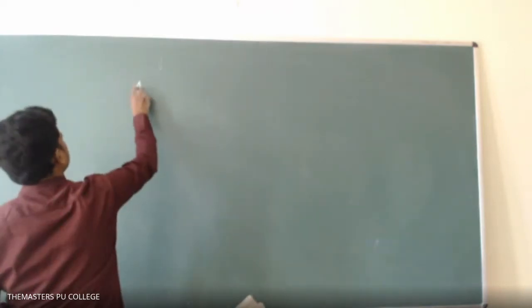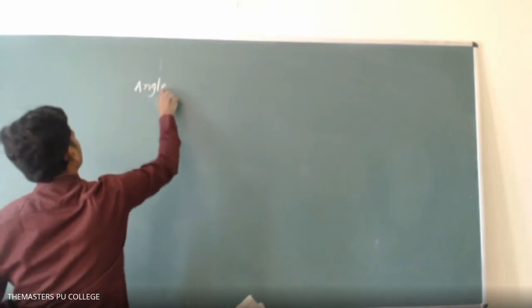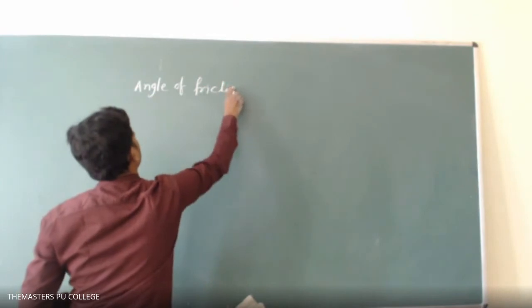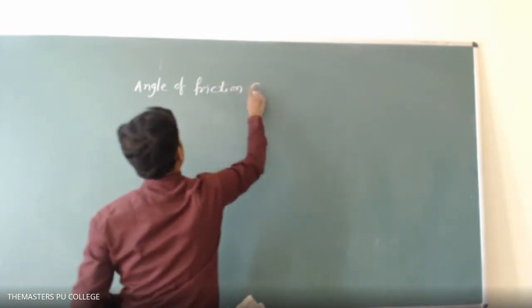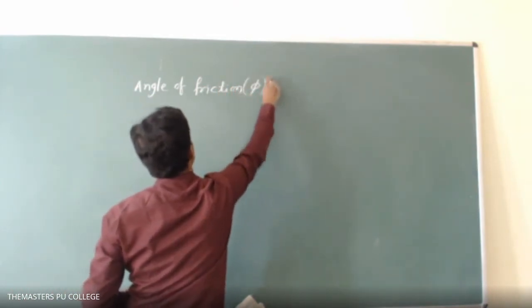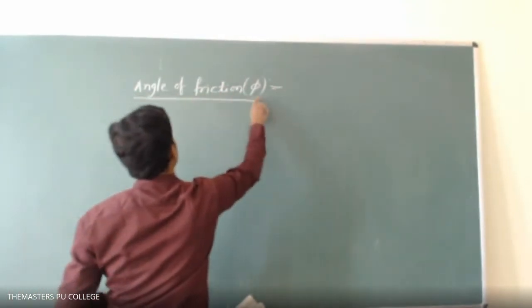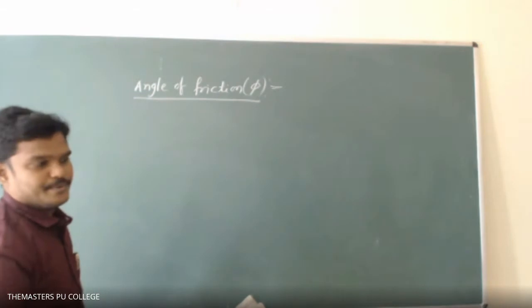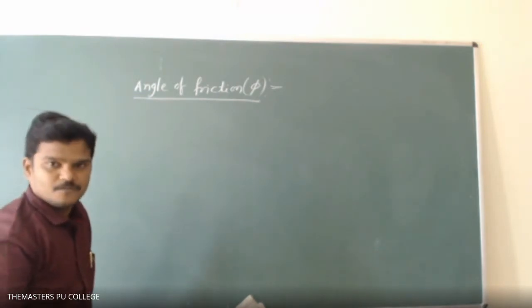Angle of friction. Simple thing. We can represent it with the phi symbol. Let us see what this angle of friction is.